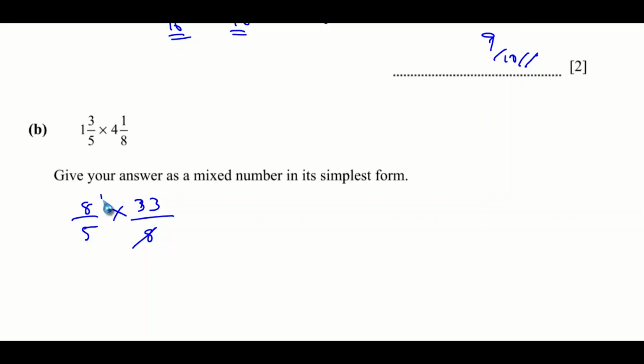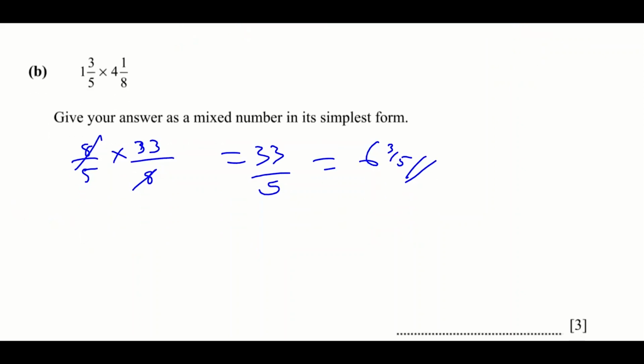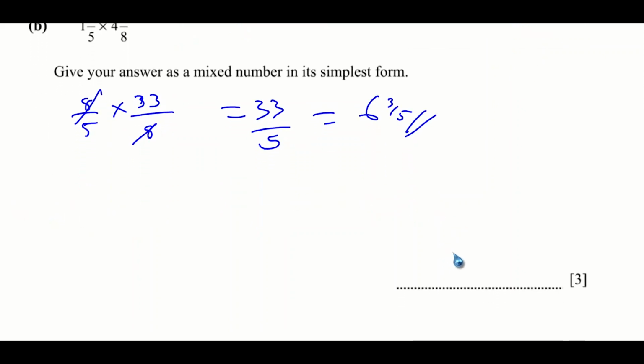So this can cancel this, so we are left with 33 out of 5, and 5 goes into 33 6 times, remainder 3, so 3 out of 5. So this will be the final answer, 6 and 3 out of 5. So pretty easy and straightforward.